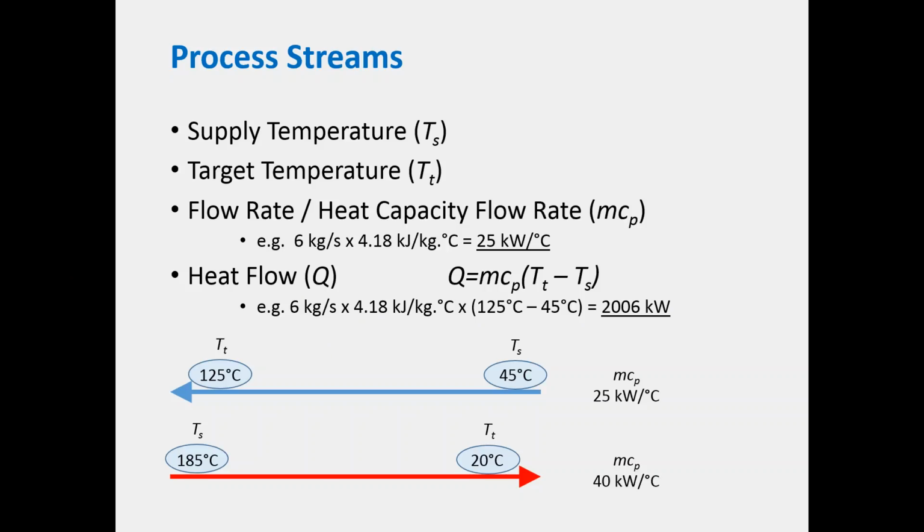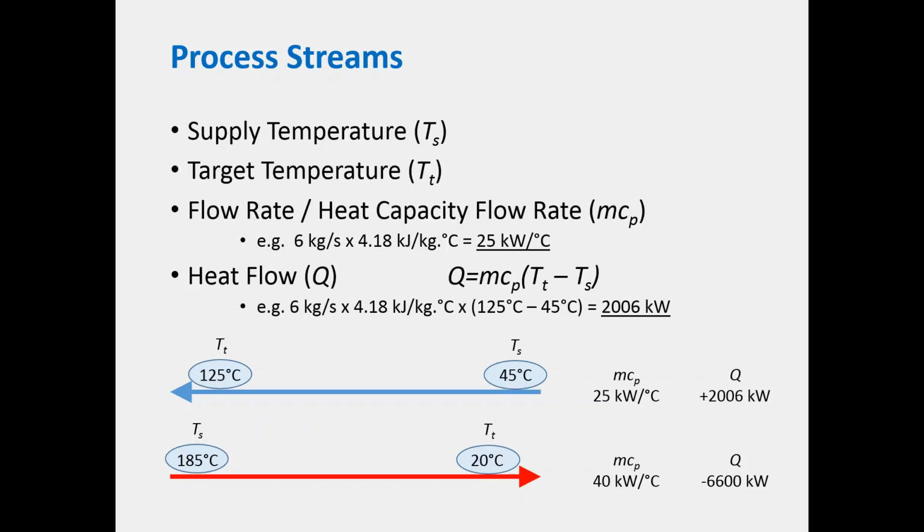The bottom one has an MCP of 40 kilowatts per degree C, and so for the bottom stream, we'd need to supply a total of 6,600 kilowatts of cooling in order to reduce the temperature from 185 down to 20 degrees.